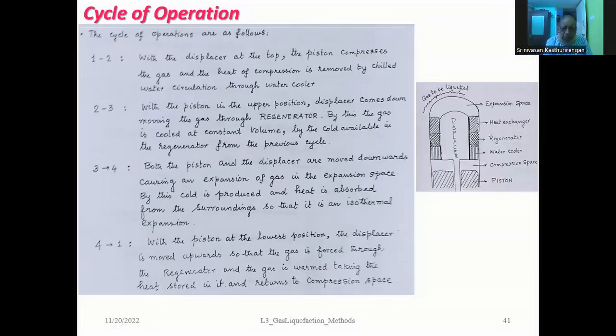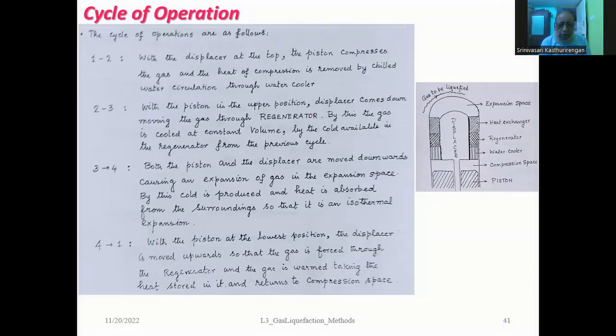So all the gas that is present here has to pass through the regenerator to the opposite side. So during the process, the gas gets cooled at constant volume and acquires the cold available in the regenerator from the previous cycle. Okay, the gas is now cooled, but it's a constant volume process.